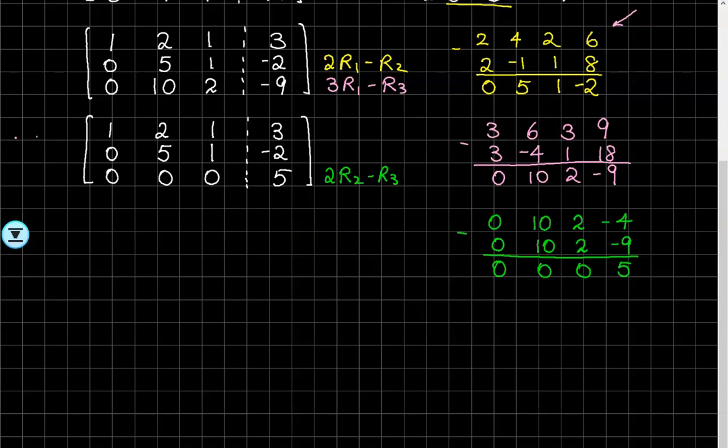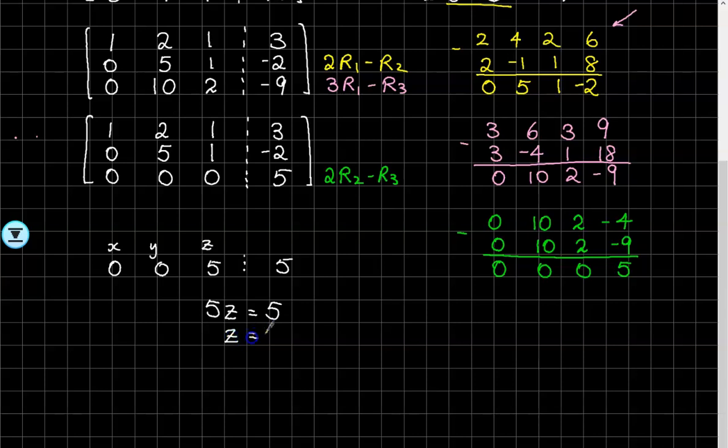I chose the wrong one to do. Anyway, so with this, we now end up, and I chose poorly. If the last row was 0, 5, 5, this is your x, this is your y, this is your z, right? So we would then say 5z has to equal 5.